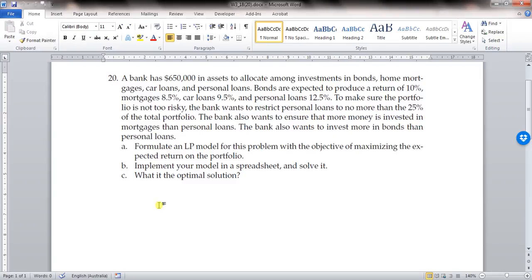So when it comes to formulating an LP, what should be our first thing? Decision variables.